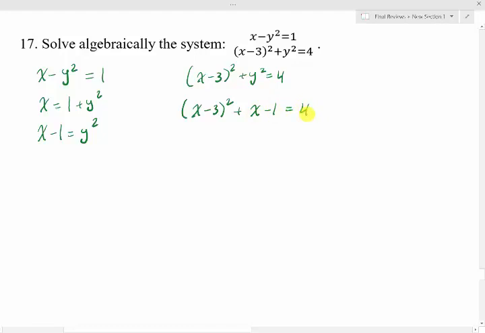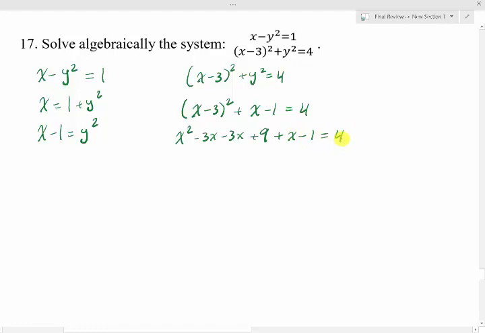And I'm going to expand or multiply everything out so that I can then solve for x. So this (x minus 3) squared will become x squared minus 3x minus 3x plus 9. And I still have plus x minus 1 equal to 4.